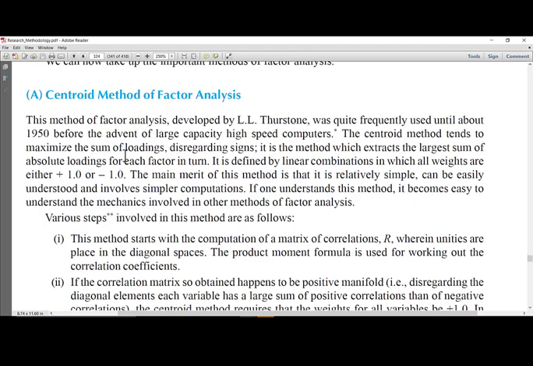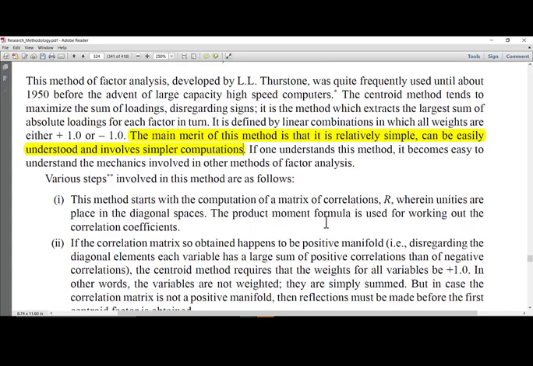It is the method which extracts the largest sum of absolute loadings for each factor in turn. It is defined by linear combinations in which all weights are either +1 or -1. The main merit of this method is that it is relatively simple, can be easily understood, and involves simpler computations. If one understands this method, it becomes easy to understand the mechanics involved in other methods of factor analysis.